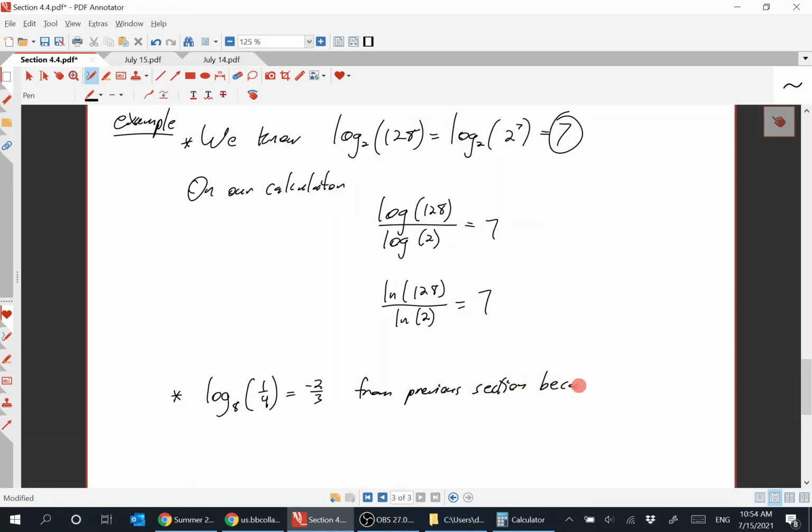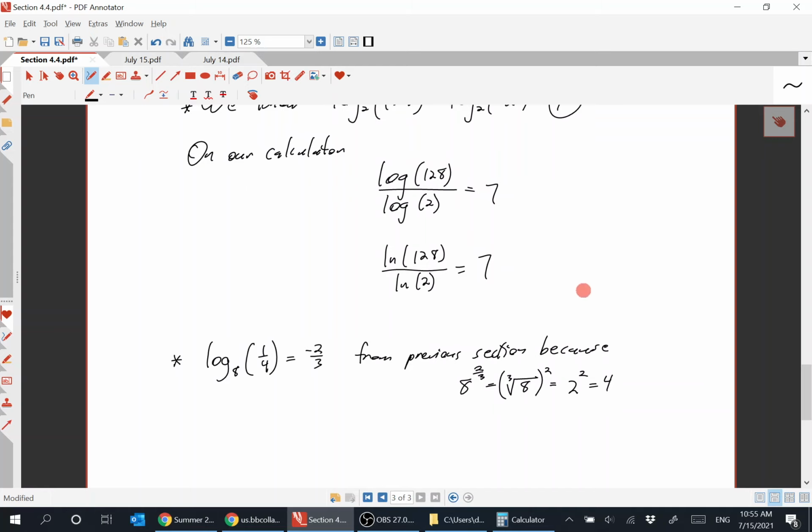Because 8 to the 2/3 is equal to the third root of 8 squared. The third root of 8 is 2, squared is 4. So 8 to the 2/3 power was 4.